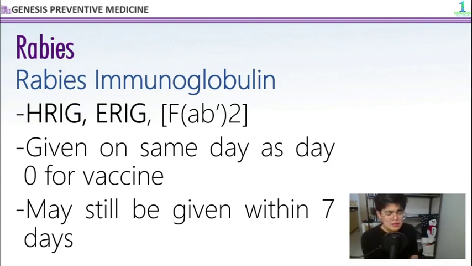At that point, na 7 days na nakalipas, you already have immunoglobulins in the circulation, and adding the HRIG or ERIG will no longer be particularly helpful for the patient. Medyo useless na talaga siya. Yun lang naman yun.